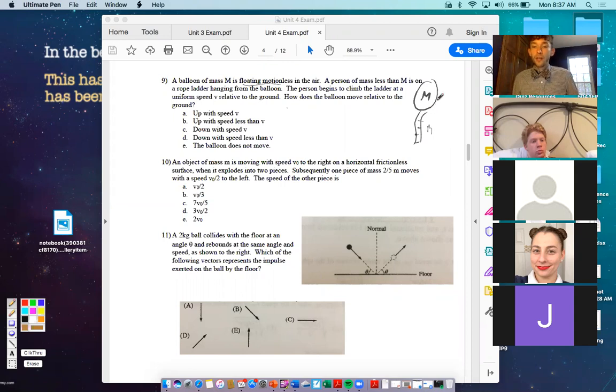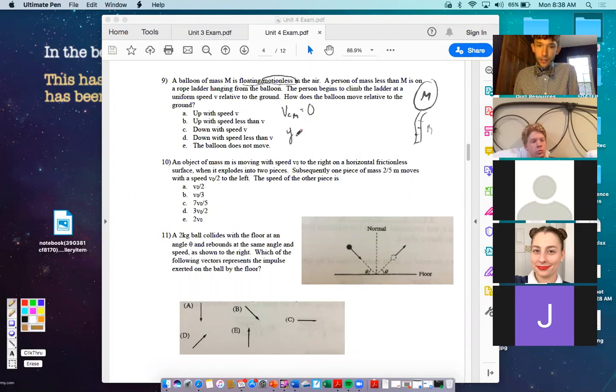So I know right away that there's no net external force. That means no impulse. That means that my center of mass has to keep doing what it was always doing. It was motionless. So the center of mass cannot move. So I know that the velocity of the center of mass has got to remain 0. That's one thing to think about.